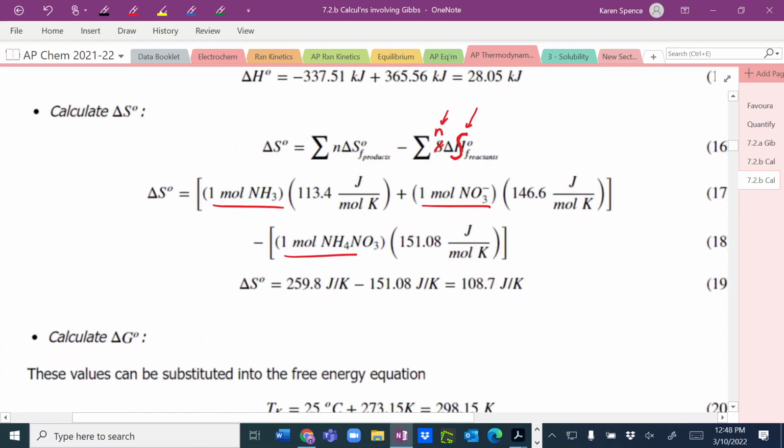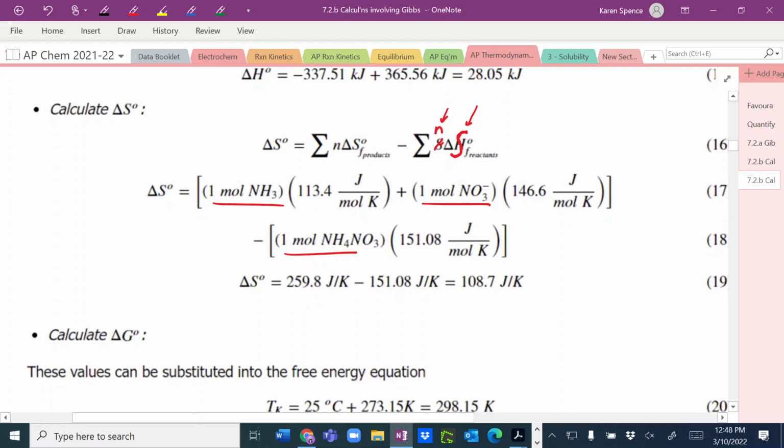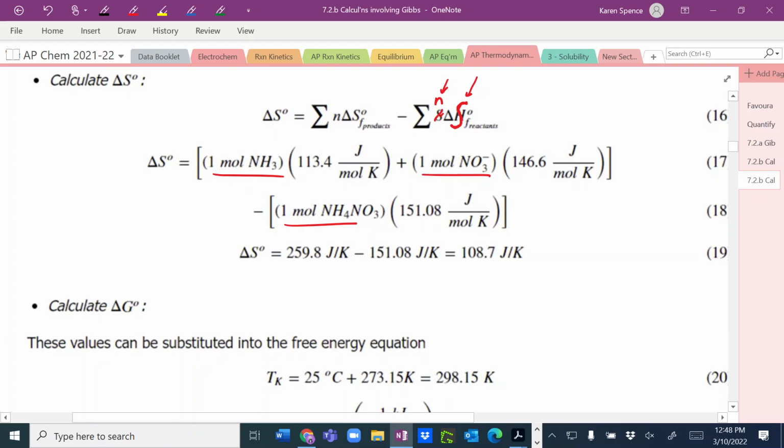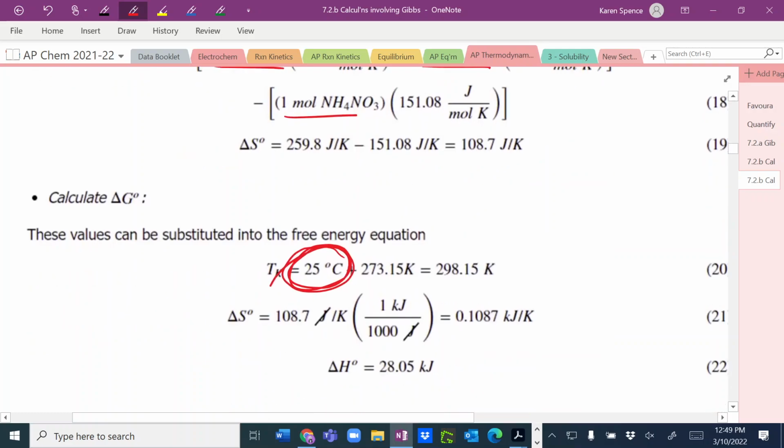And then we are going to calculate delta G. Now, you need to take care because they gave you the temperature in degrees Celsius. Can you use degrees Celsius when dealing with Gibbs free energy? No, it has to be Kelvin, so you're going to add 273.15.